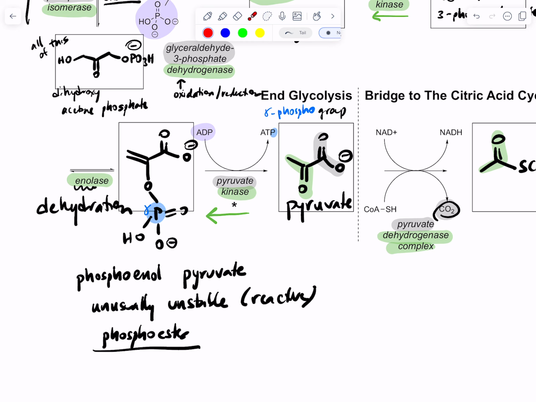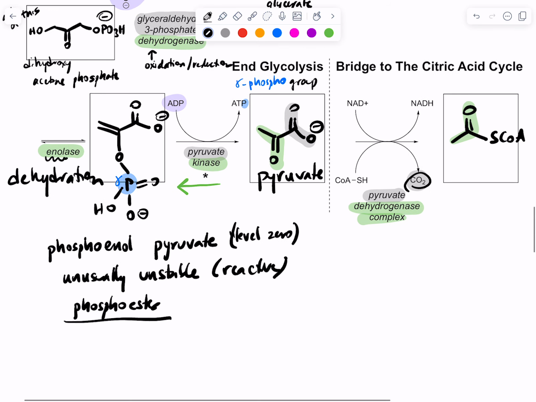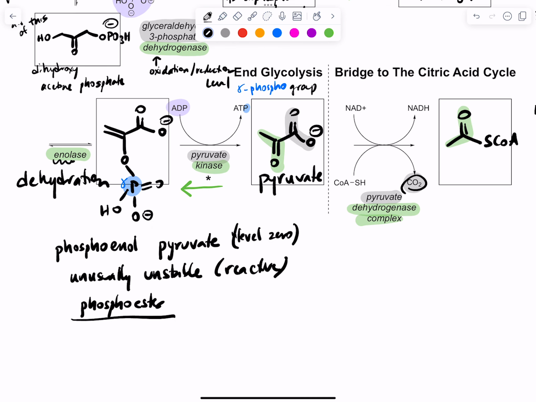Much more like an acyl phosphate than a phosphoester. So this reaction ends up being sort of level 0. Because phosphoenol pyruvate is unusually reactive, we'll call it level 0 to the level 1 phosphoanhydride in ATP.